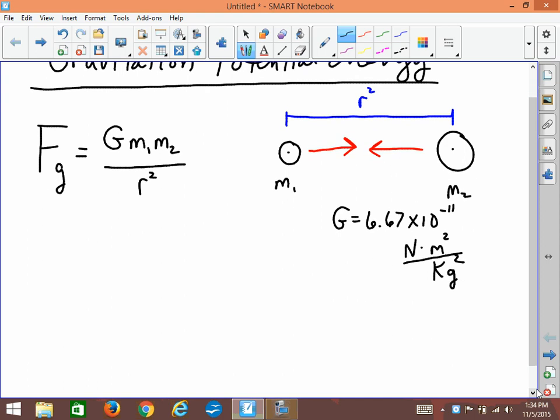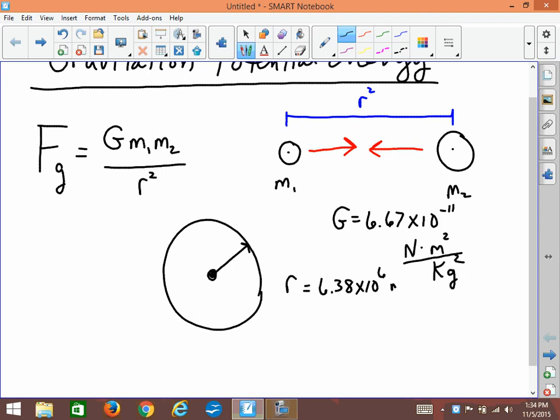Now we also learned that we can take a shortcut. We learned that if we look specifically at being on the surface of the Earth, and we'll draw the Earth here, ta-da, then if you're anywhere on the surface of the Earth, your distance from Earth's center is basically the radius of the Earth, which is 6.38 times 10 to the 6 meters.